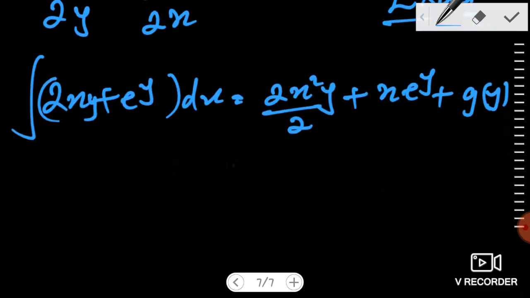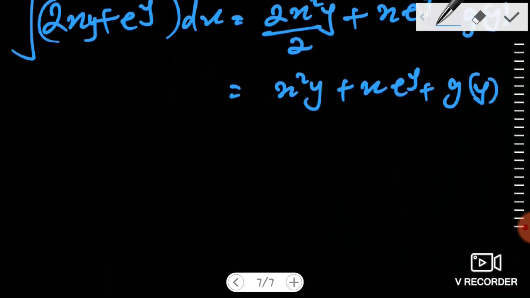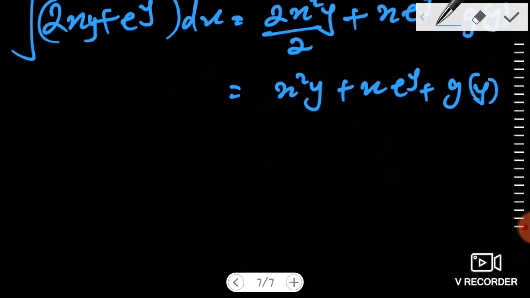Now, that means that the overall solution would be x squared y plus x e^y plus d of y, right? Now, differentiate this with respect to y.